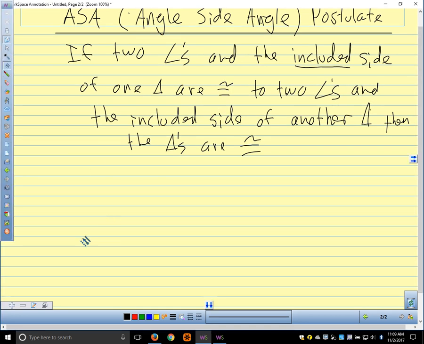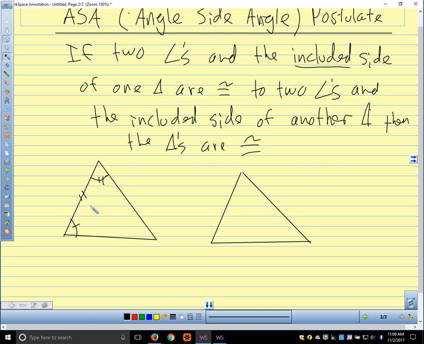So, picture. We would have something like this. We'd mark our triangle with these parts, and this side in between these two angles is the included side. And I'm going to mark this triangle like so.